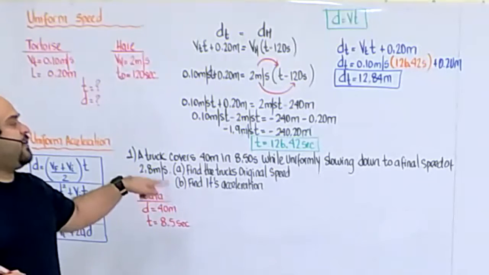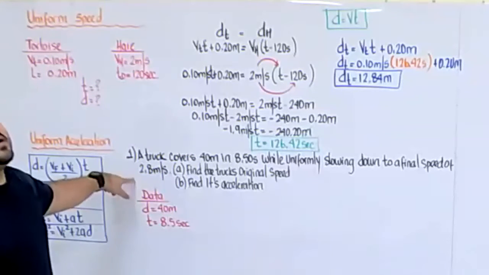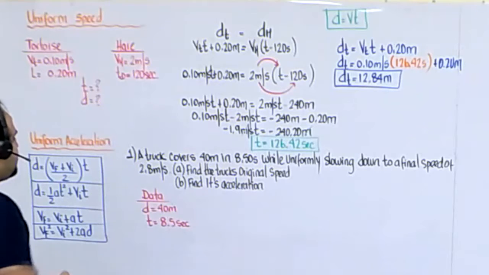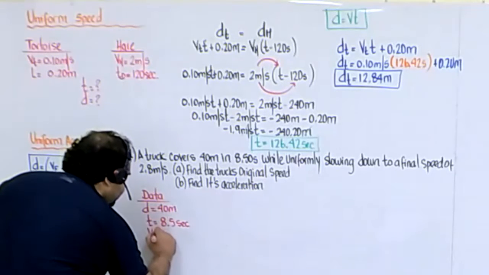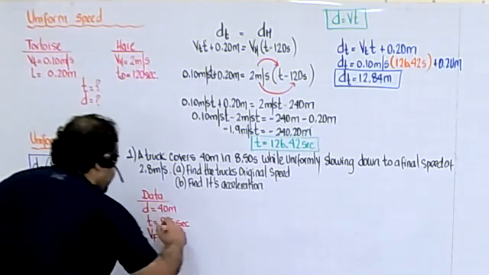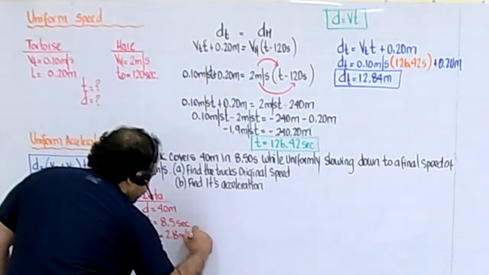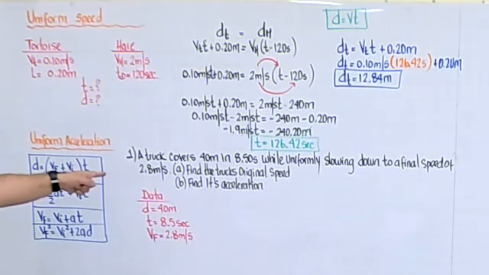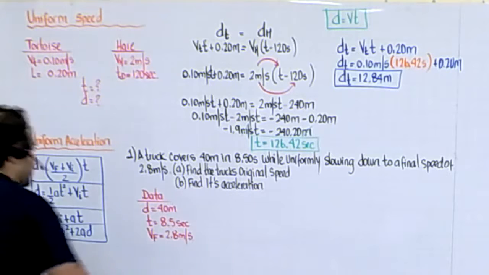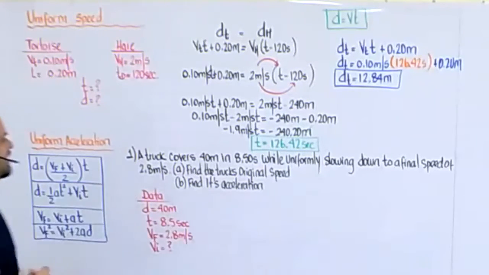While uniformly slowing down to a final speed of 2.8 meters per second. Final speed, because the problem mentioned final speed, final velocity, 2.8 meters per second. And we have two questions. Find the truck's original speed, obviously the initial velocity, and find its acceleration.